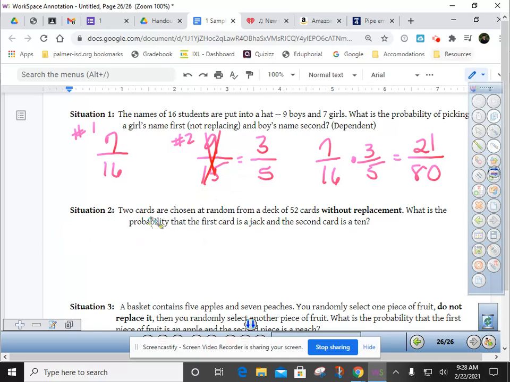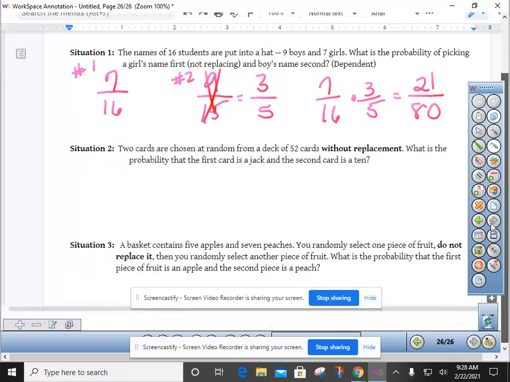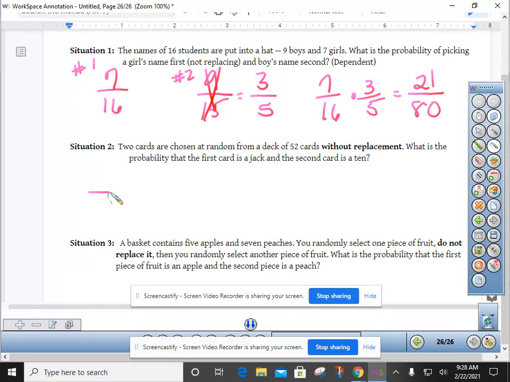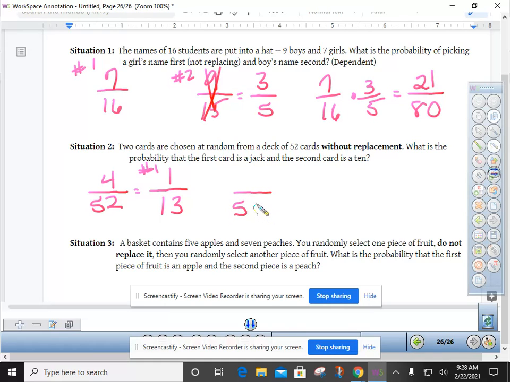Good. Look at situation 2. 2 cards are chosen at random from a deck of 52 cards without replacement. That means you keep it out. What is the probability the first card will be a jack and the second card is a 10? So there are how many cards in a deck? How many are jacks? 4. Is that lowest form? No, we did it earlier. It's 1 out of 13. This is event number 1. Now we are not replacing it. How many cards are in the deck? 51.